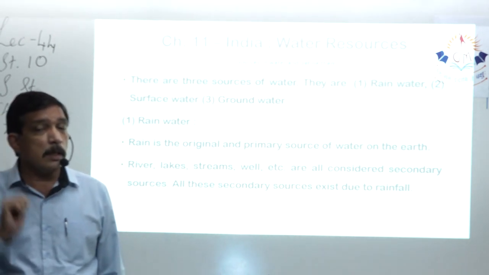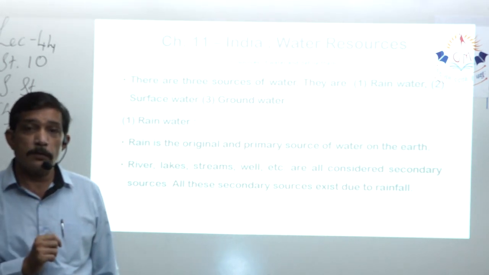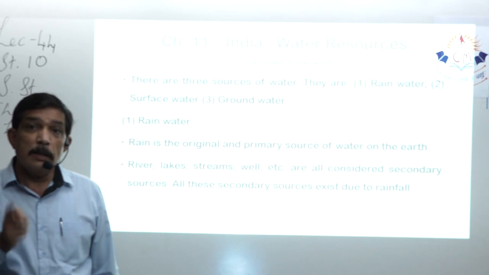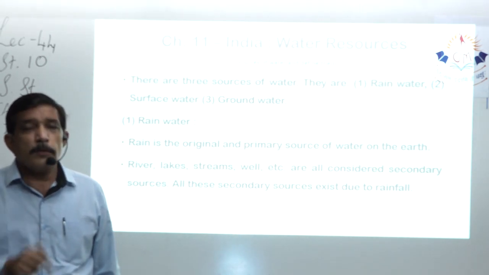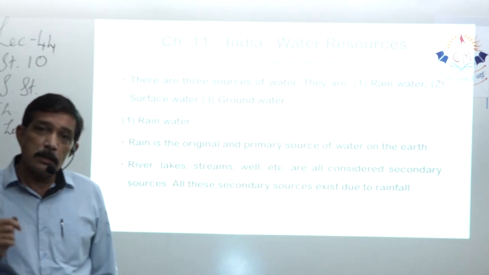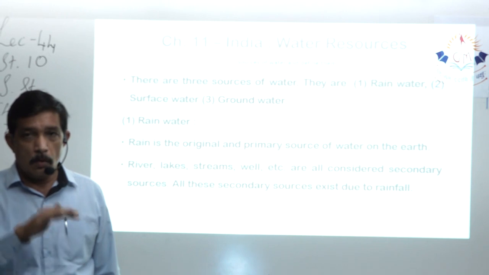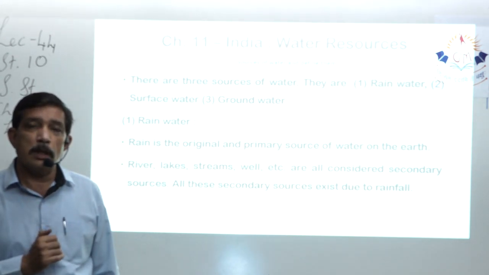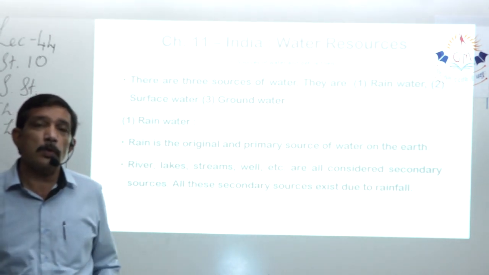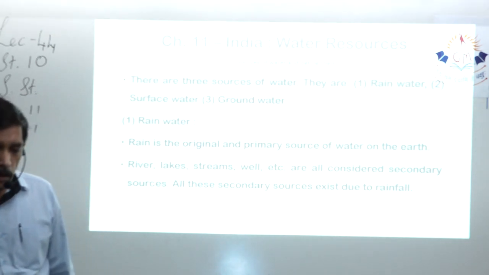One is the rain that we get from the atmosphere, that is the number one source of water. Then we have surface water, which is found on the surface, and the third source of water is under the ground. Water available in stored capacity is called underground water, or simply groundwater.